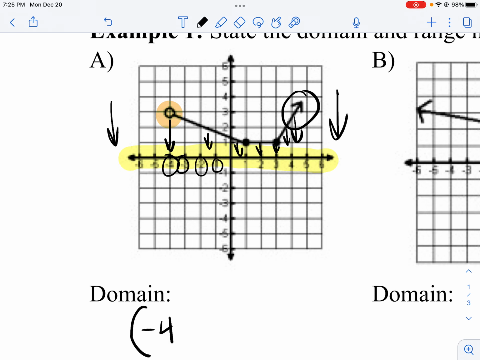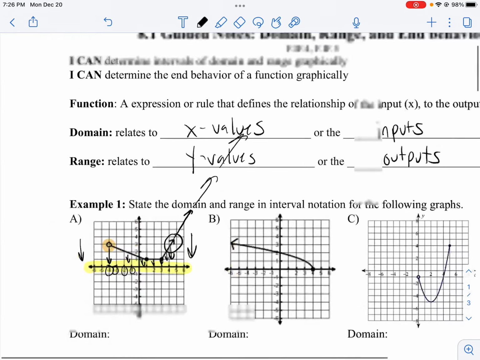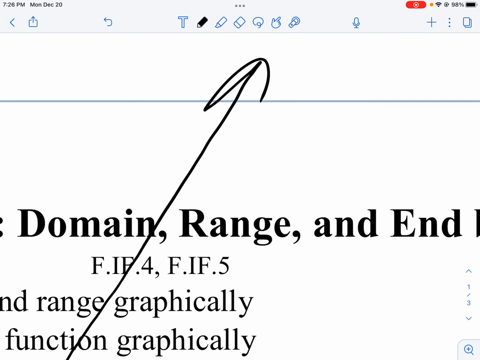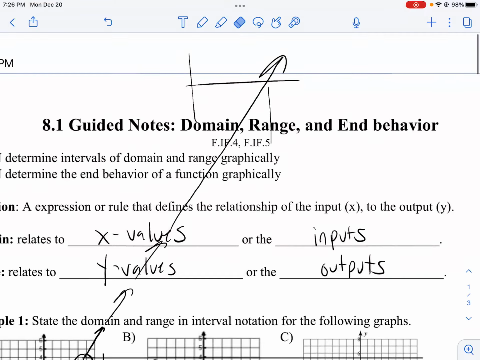That arrow means it's going to continue on forever. I don't care necessarily that the graph is going up. Domain only relates to the x values, and even as that arrow keeps going off over and over again, technically this is still an x comma y point, or we would have some kind of x if we were to squish this back down.